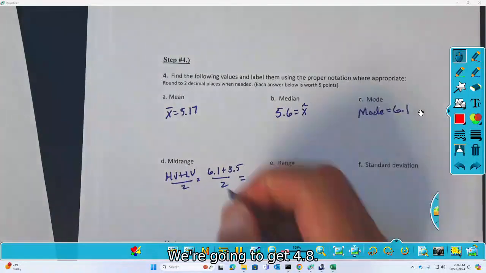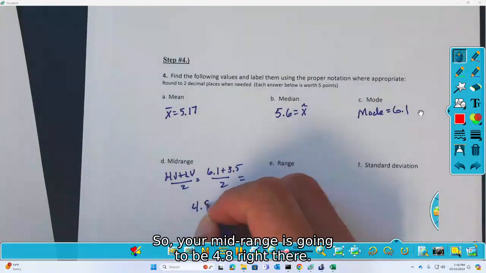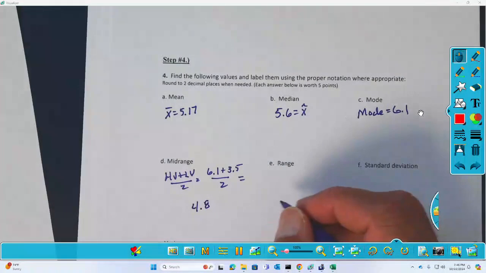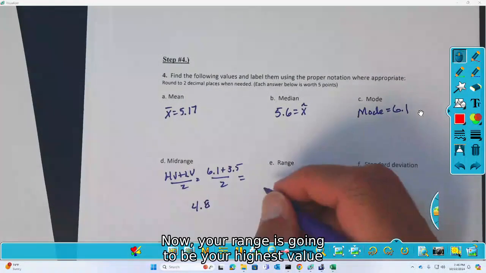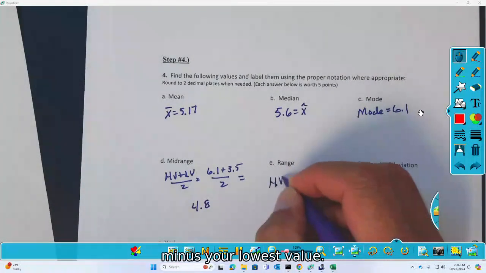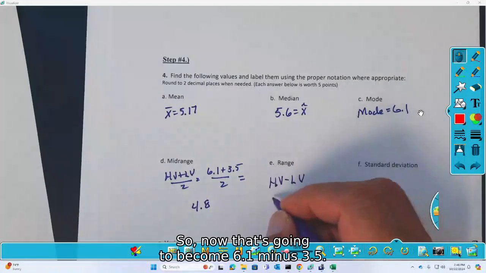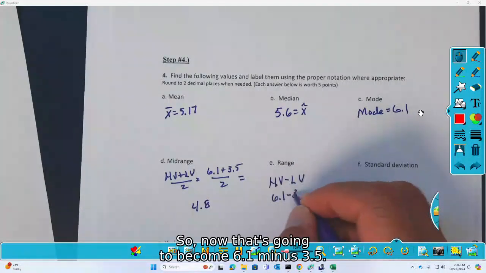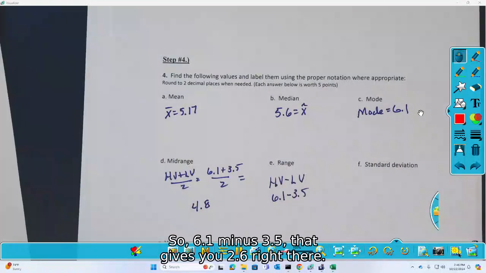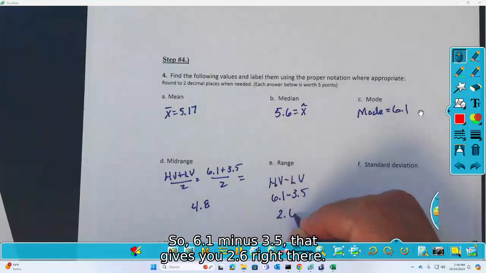We're going to get 4.8. So your mid-range is going to be 4.8 right there. Now your range is going to be your highest value minus your lowest value. So that's going to be 6.1 minus 3.5, that gives you 2.6 right there.